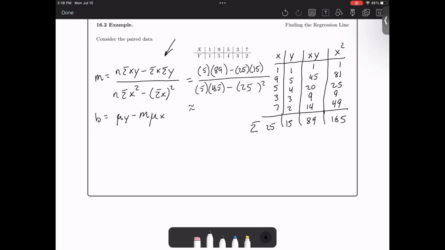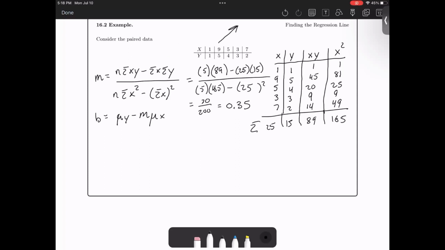Now, when you go through the algebra here, your numerator becomes 70. Your denominator becomes 200. So you get 0.35. So positive slope. That means our data is directly proportional.